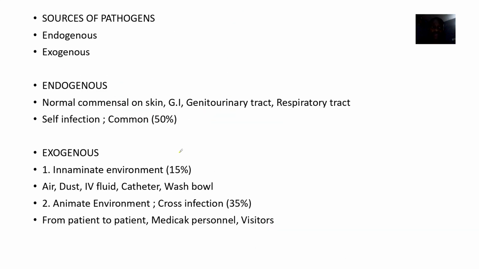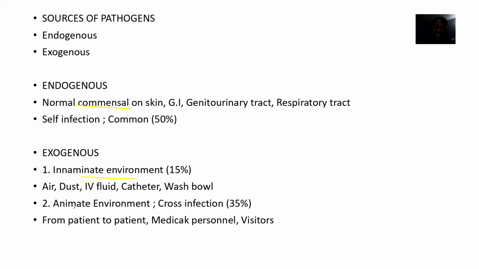Okay, sources of pathogens, it could be endogenous, could be exogenous. Endogenous is normal commensals on the skin, the gastrointestinal tract, genitourinary tract, respiratory tract. So for different reasons, they might just grow more than usual in the hospital environment. Exogenous could be the inanimate environment, like you got it from maybe touching one or two things in the hospital: IV fluid, air, dust, catheter, wash bowl.